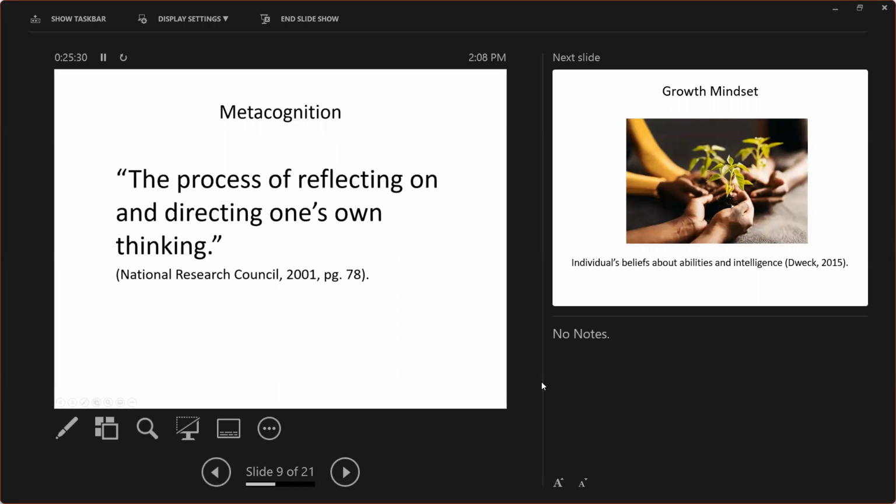And metacognition is something that you hear people who study pedagogy and andragogy in the different teaching disciplines talk about. It's the process of reflecting on and directing your own thinking, and thinking about your thinking and how you learn, and kind of taking a step back and considering yourself as a learner.